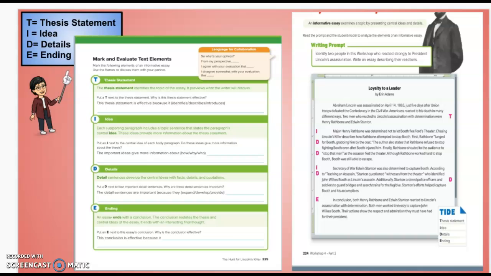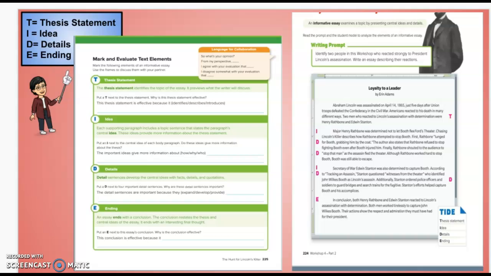And then you'll see another sentence that has that transition word finally. That also indicates that there's a detail following it. So finally, Rathbone shouted to the audience to stop that man as the assassin fled the theater. So you'll put a detail by there.